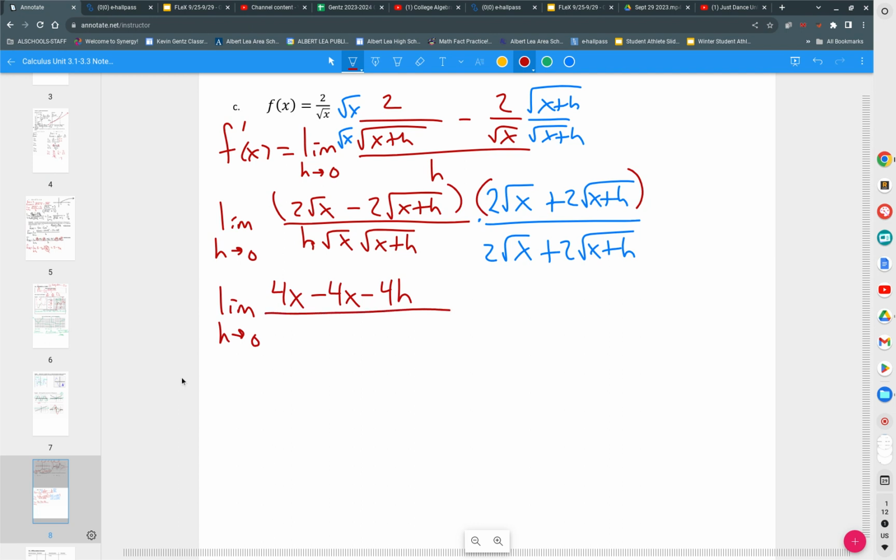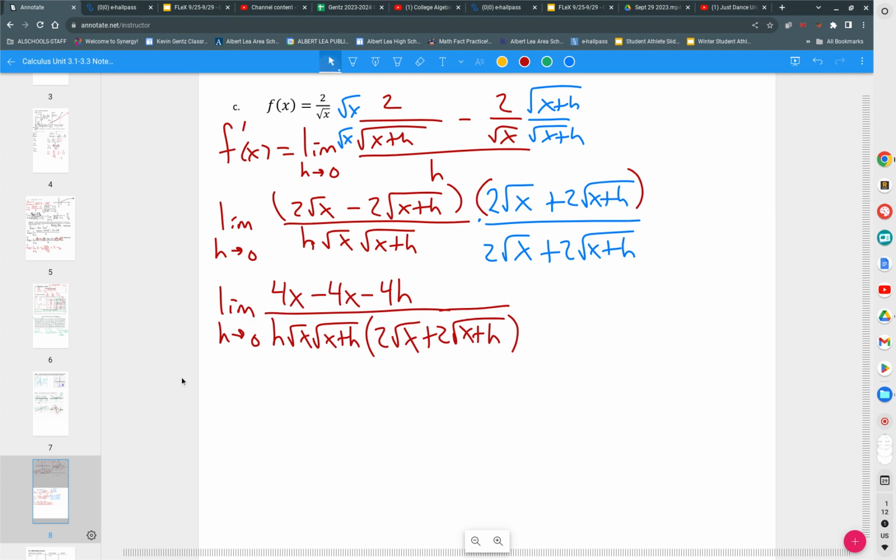All over, oh boy, h roots of x plus h times 2 roots of x plus 2 roots of x plus h. Ick. Man, I've been doing this for 25 years and I still think it's ugly when I see it.